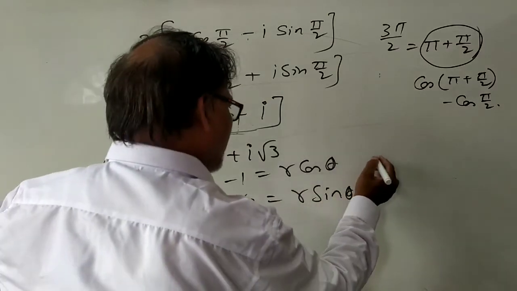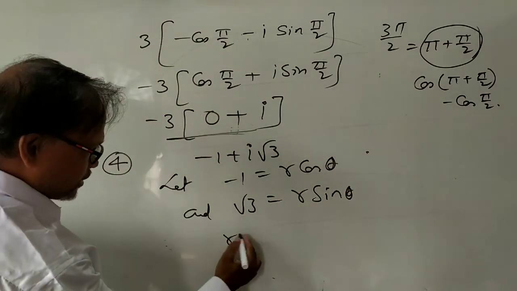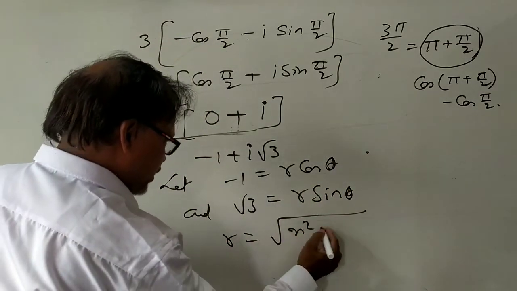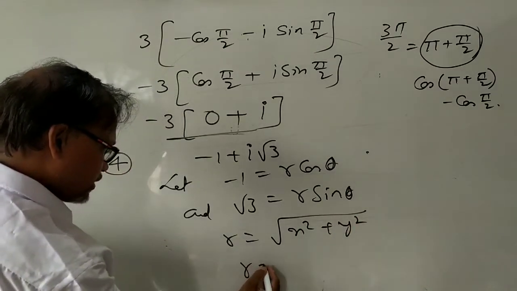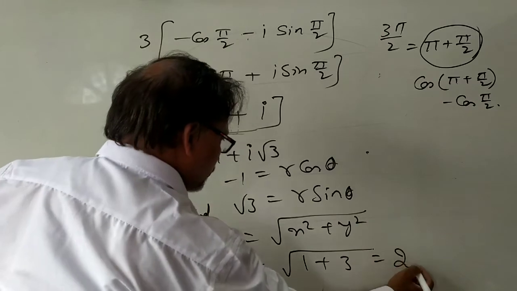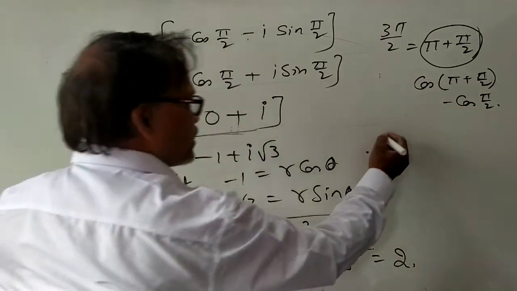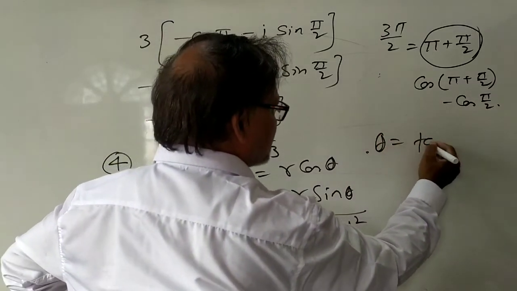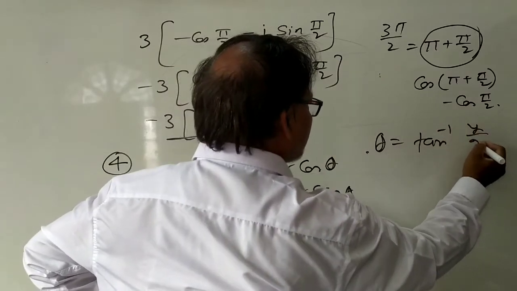So what you will get is the value of r is under root x squared plus y squared. So r is equal to under root 1 plus 3, that is 2, you will get. Now theta will be tan inverse y by x.